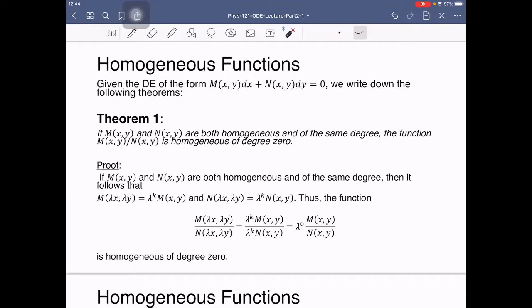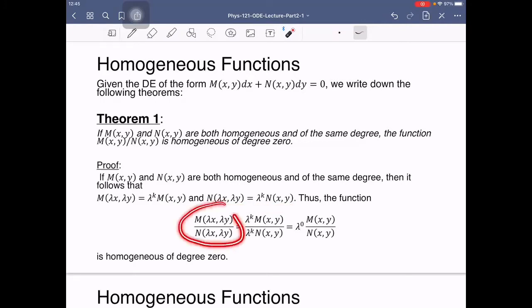So let's show the proof of these. So if we have m of xy and n of xy, we are both homogeneous in same degree, then gagamitan natin yung ginamit natin kanina na property, which is to substitute yung x and y with lambda x and lambda y. Okay? So palitan lang natin. So ibig sabihin nun, kung homogeneous, definitely dapat ganito yung maging form, no? So ganun din sa n of xy. So therefore, sabi natin yung ratio.